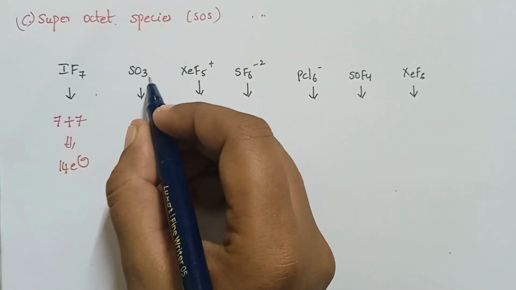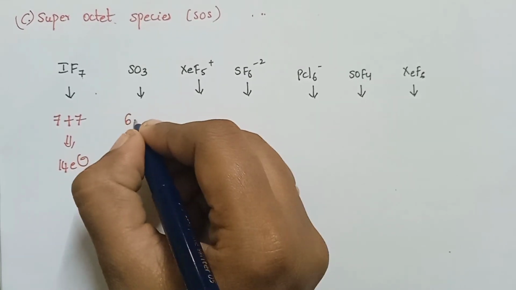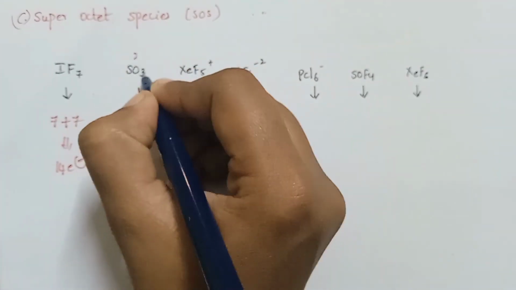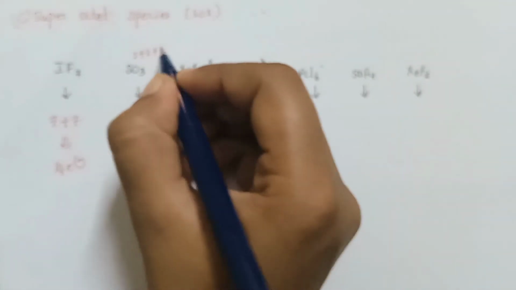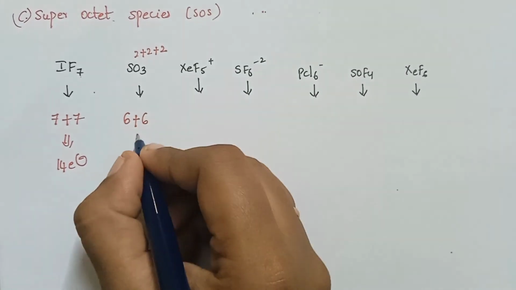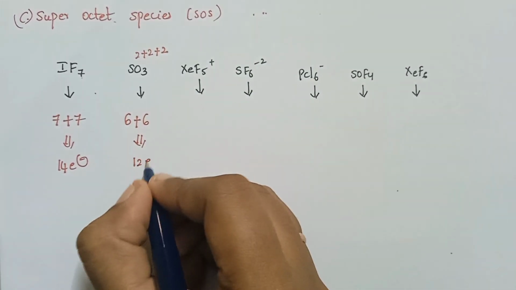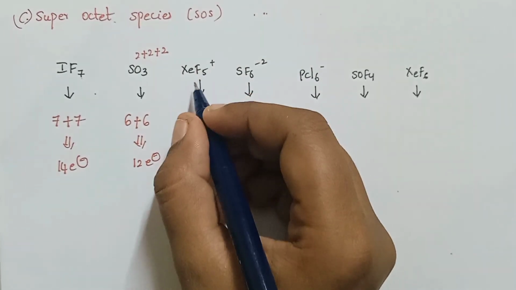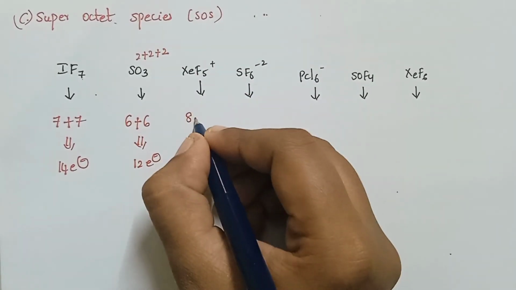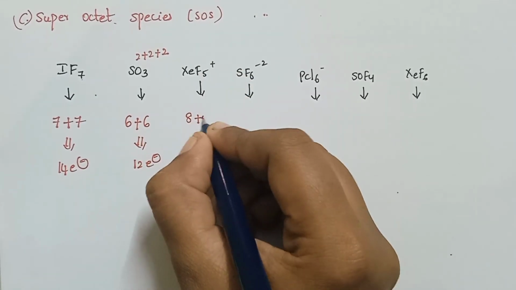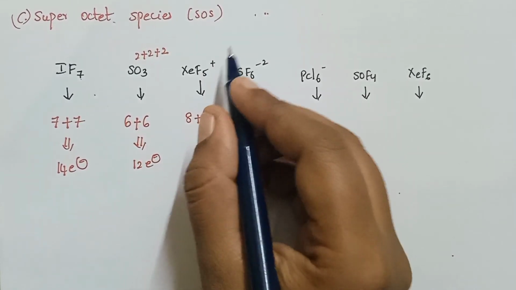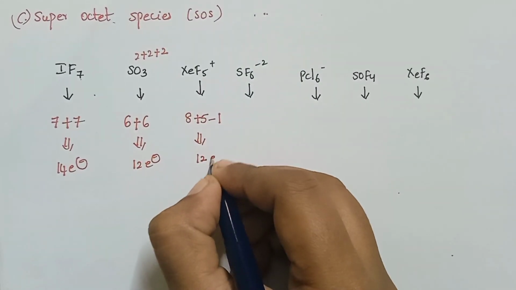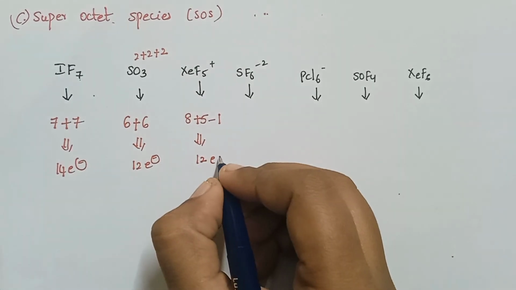Next SO3: sulfur 6 outermost electrons plus oxygen 2 each, 3 oxygens, so 6, that is 12 electrons. Next XeF5 plus: Xe 8 electrons plus 5 fluorines, 5, plus means remove 1 electron, so minus 1, that is 12 electrons.